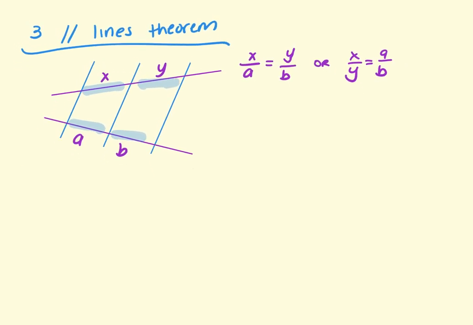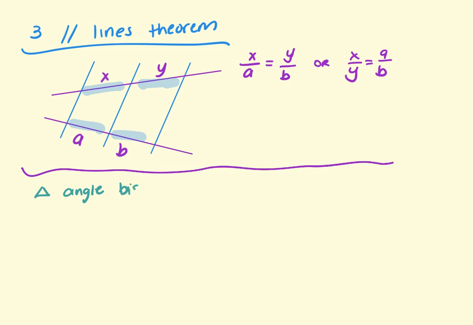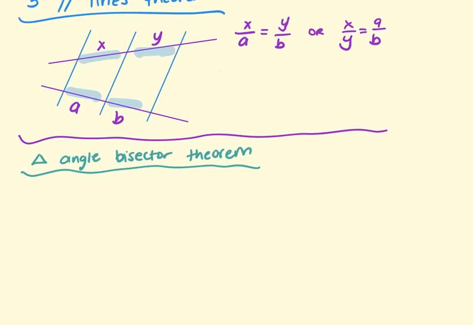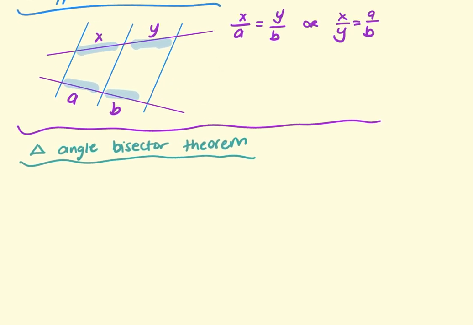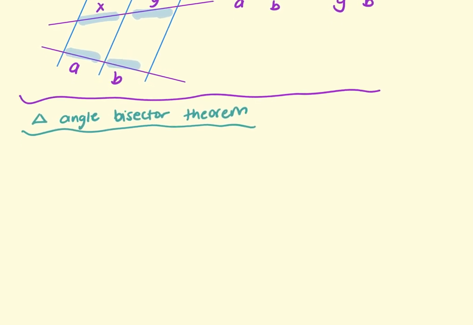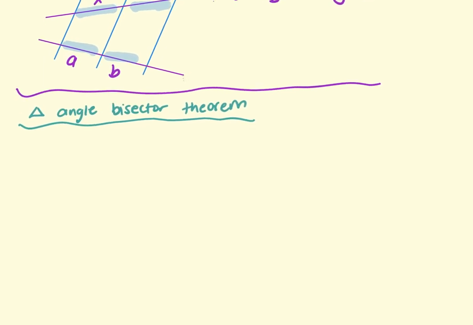And the last theorem is your triangle angle bisector theorem, which says if a ray bisects the angle of a triangle, then it divides the opposite side into segments whose lengths are proportional to the lengths of the other two sides. A lot of words.